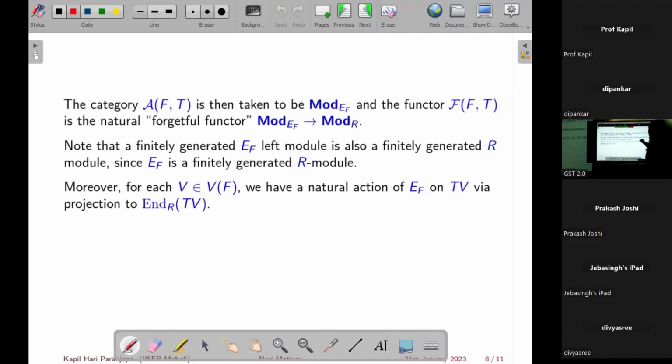EF is contained in the direct sum of endomorphisms of TV, so I can just restrict to that component. And therefore you can think of TV as an EF module.